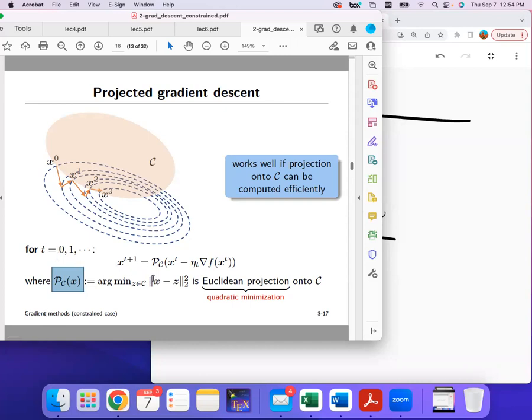I fix this x, and I look over all the points z in C that have the shortest distance to x. It's very natural. It's essentially how projection is defined. We look for the point in the constraint set C that is closest to your reference point.